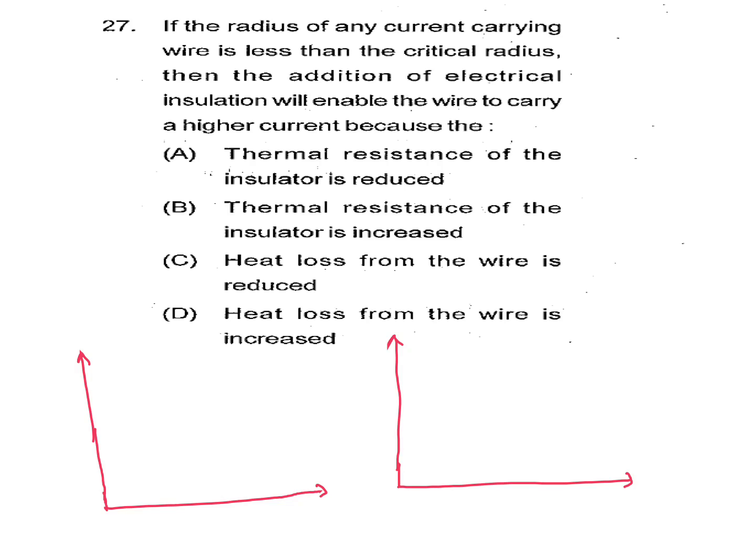Heat transfer Q versus outer radius. Here, thermal resistance versus radius. So the graph is like this. It will increase after some time, then it will decrease.